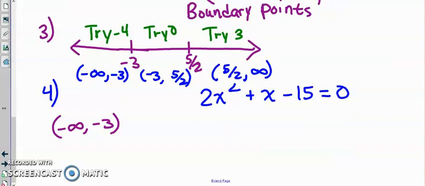All right, so we're going to put this into the calculator. We're going to try -4 in the function and see if it's positive or negative.